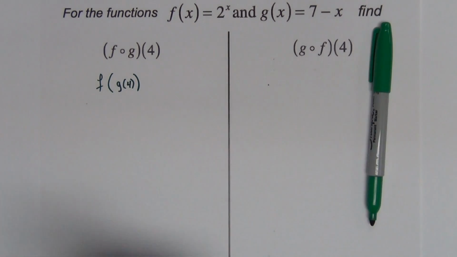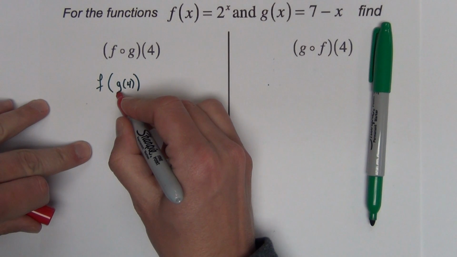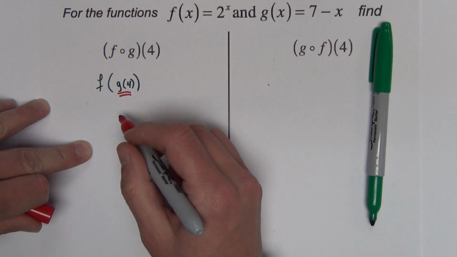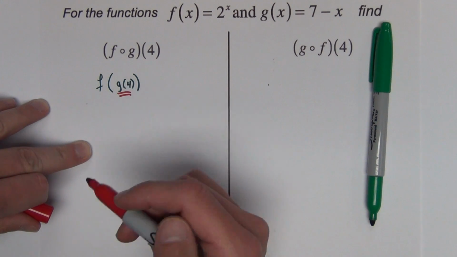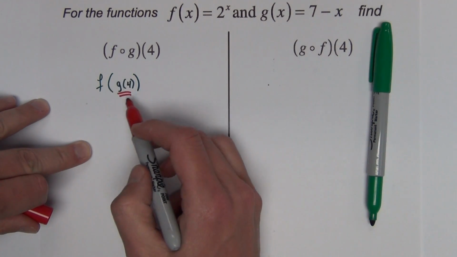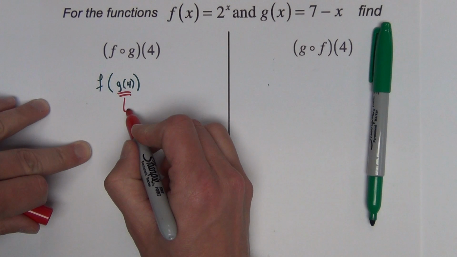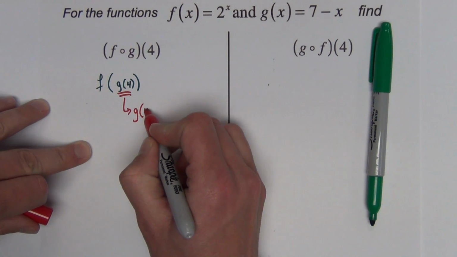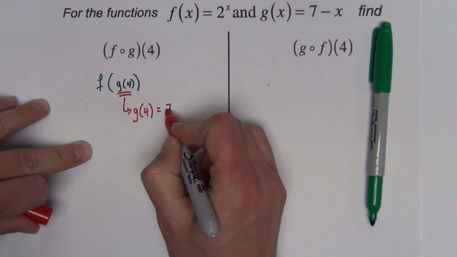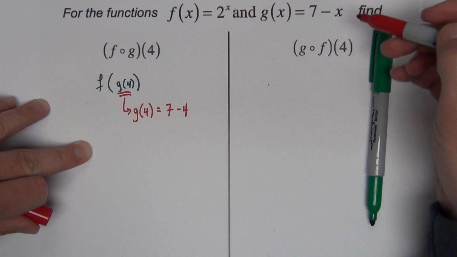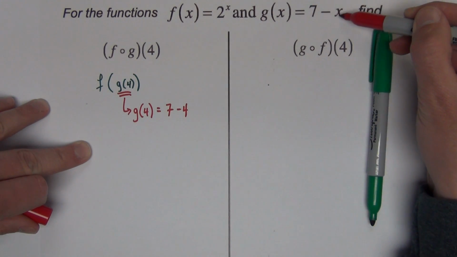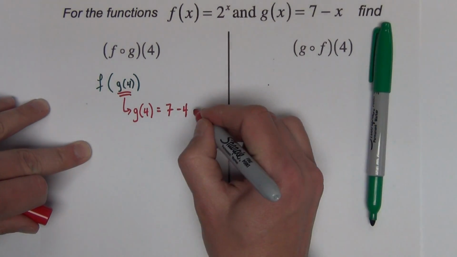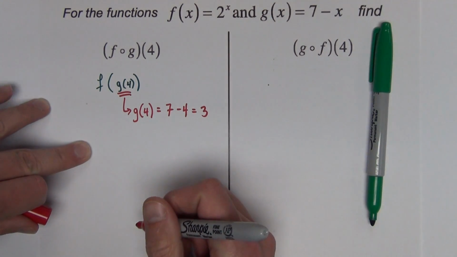Now, g of 4 is simply the function value of g at x equals 4. We can do this as kind of like a standalone problem. Okay, g of 4 is 7 minus 4. I'm just simply using the g function, putting 4 in for the x. So 7 minus 4 is 3.